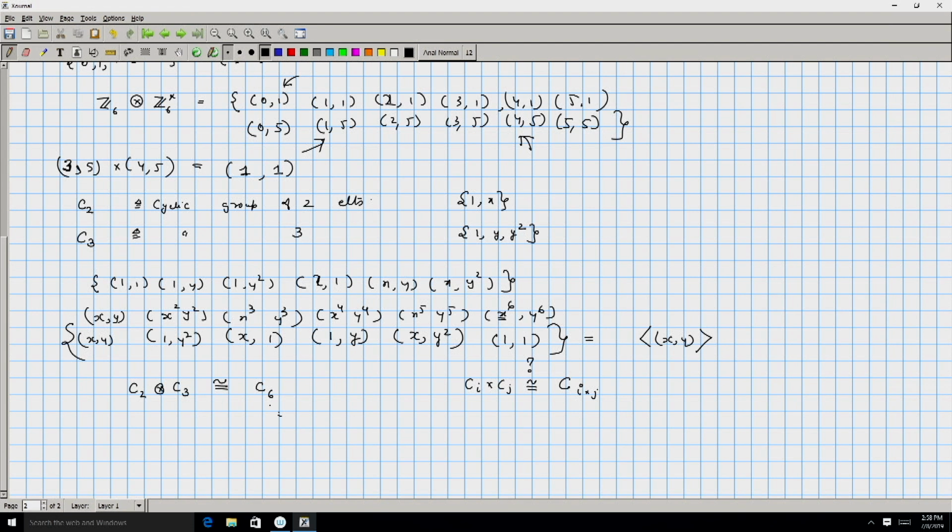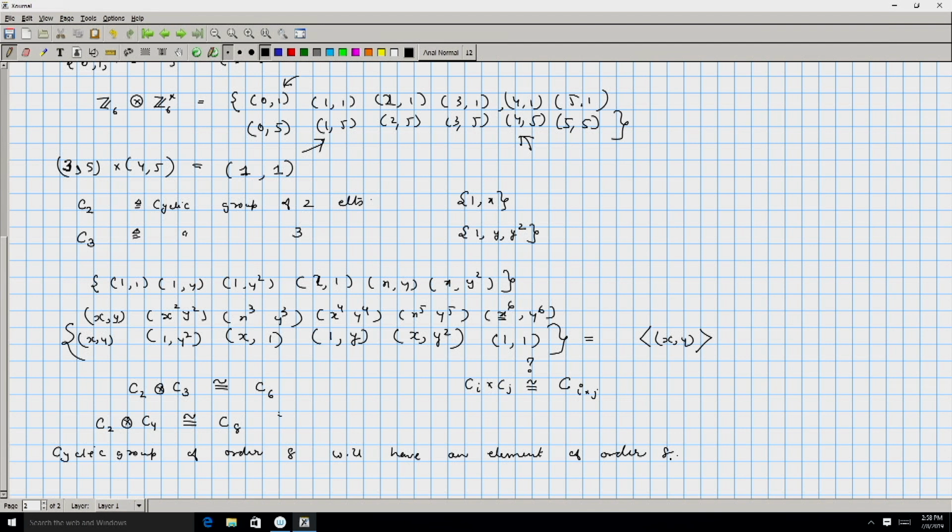Now, first we will see why this is not always the case, because if you take C2 and C4, we can ask this question, is it isomorphic to C8? You can immediately see that that is not going to be the case, because the cyclic group of order 8 will have an element of order 8.